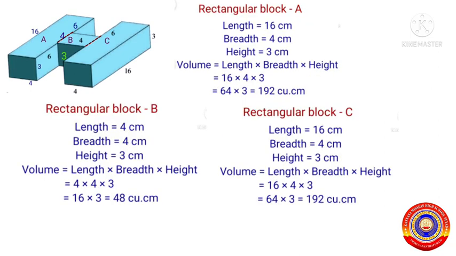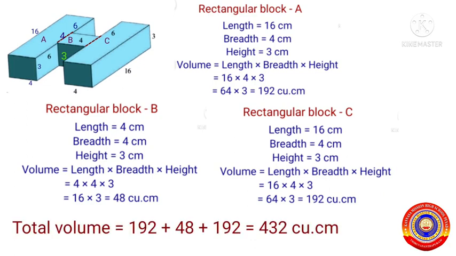Now we have found the volume of all three rectangular blocks. For finding the volume of this figure, we have to find the total volume of all three blocks. That is, the total volume is 192 plus 48 plus 192, which is equal to 432 cubic centimeters. Is it clear for you?